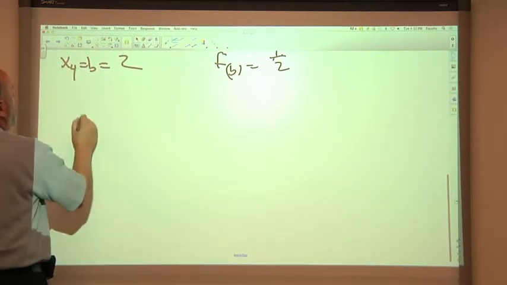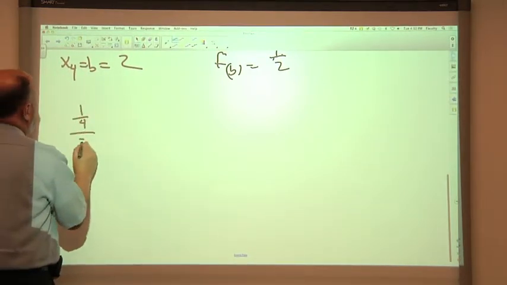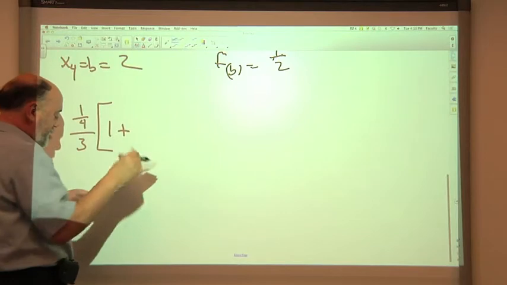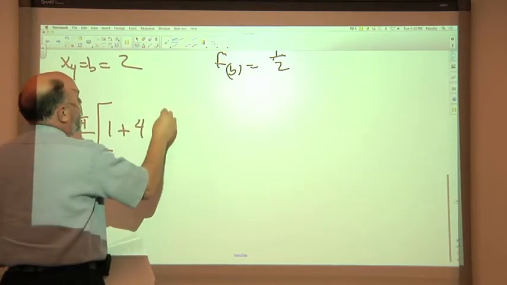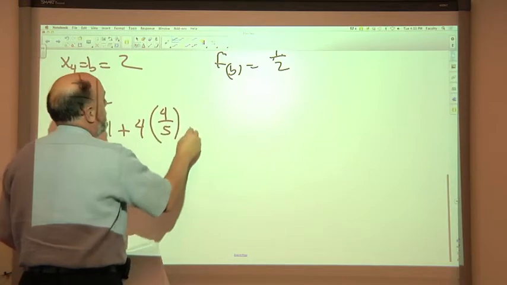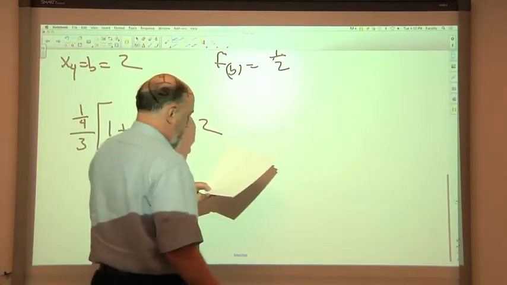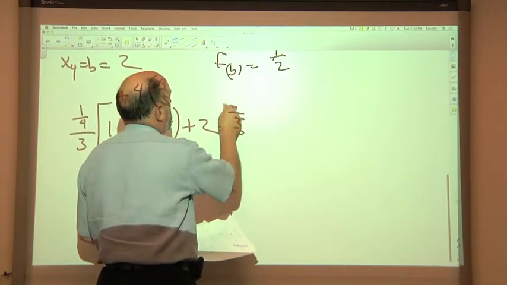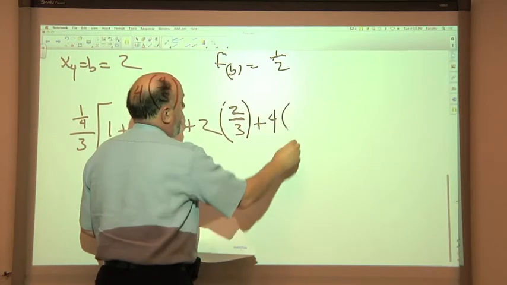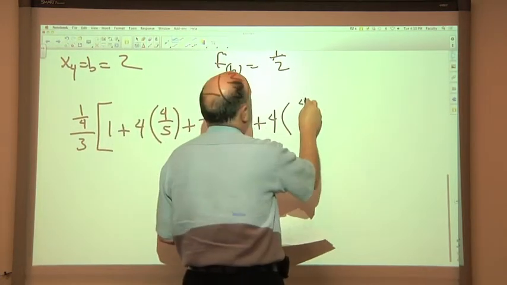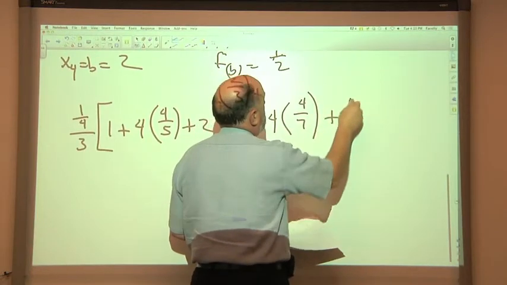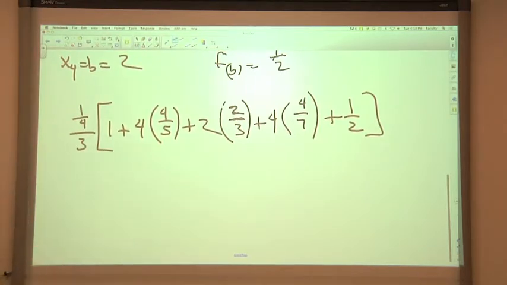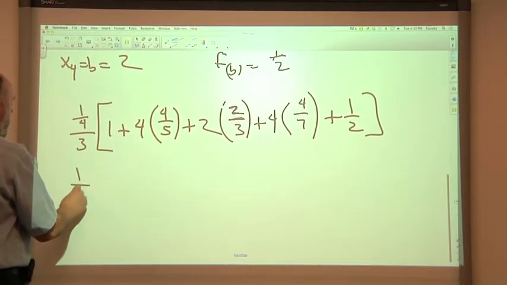So we now end up with (1/4) over 3 times 1 plus 4 times 4/5, plus 2 times 2/3, plus 4 times 4/7, and then plus the 1/2. 1/4 over 3 will give us 1/12.